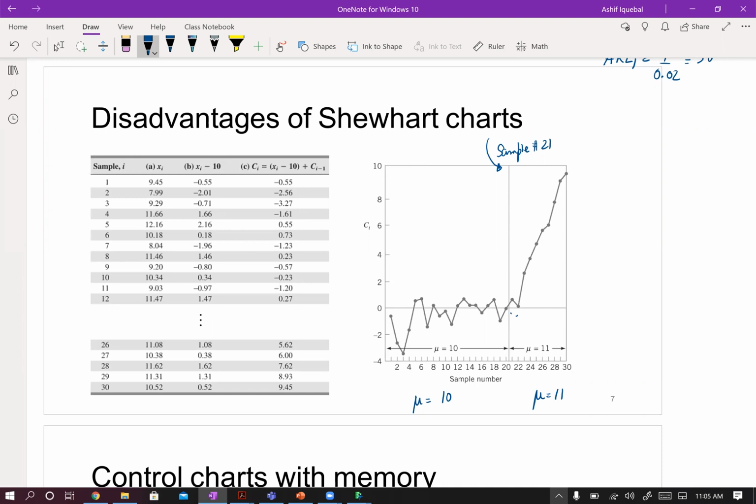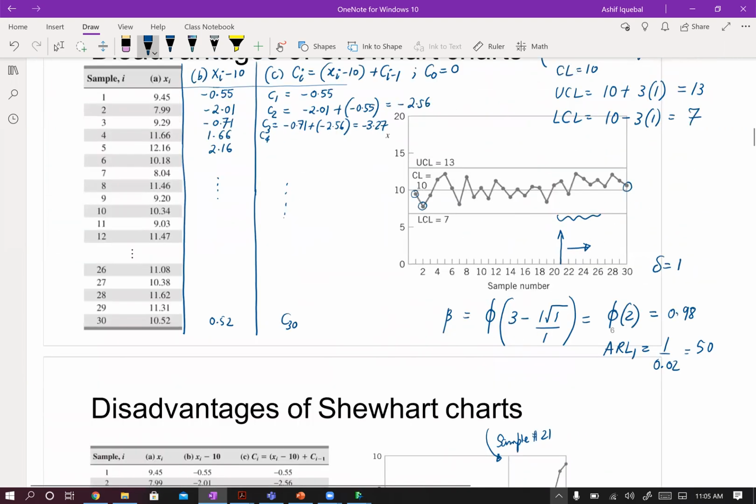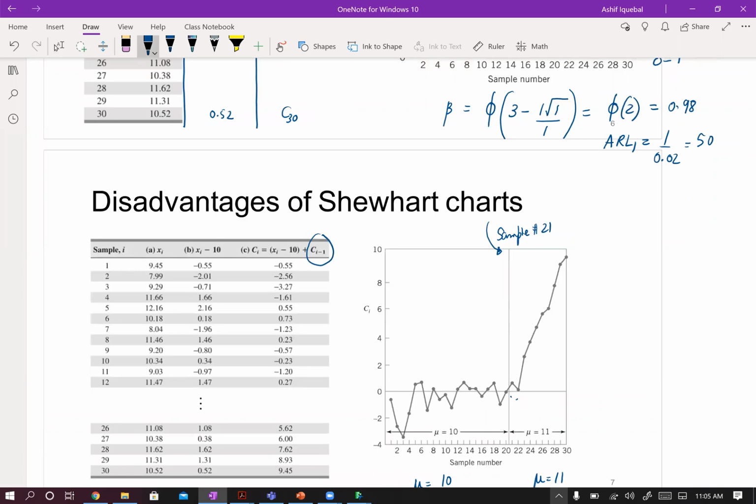So this was a very vague explanation of how we can modify our control charts to bring in the memory of the process. If you didn't observe, Ci here is acting as the memory. Every observation Ci is the current measurement xi minus 10 plus Ci minus 1, which is the history of the process, right?